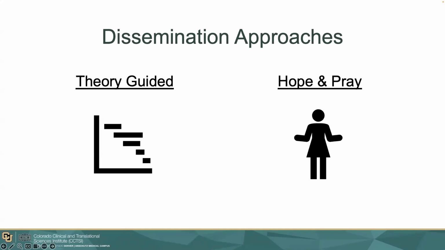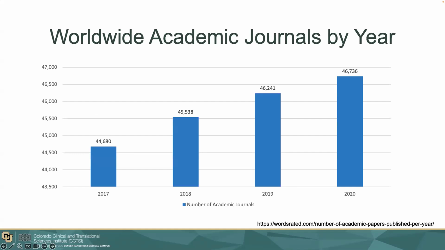I mean, that's how it's always been done. The bedrock of scientific dissemination is to publish your quality improvement or research in peer-reviewed academic journals. The good news is there are so many to choose from. As of 2020, there were over 46,000 academic journals publishing papers worldwide.